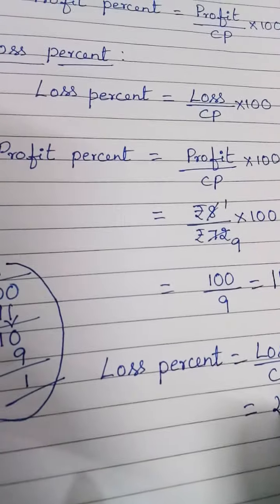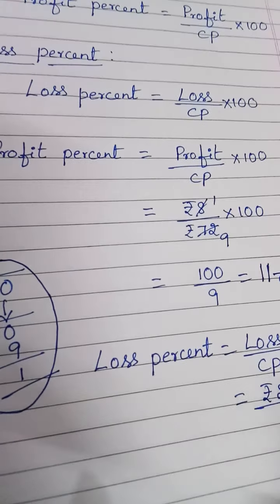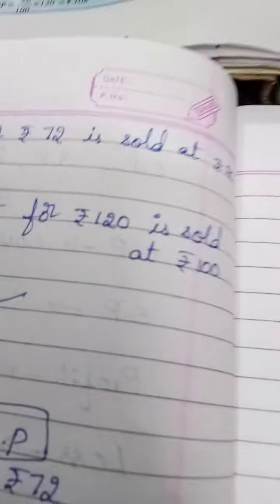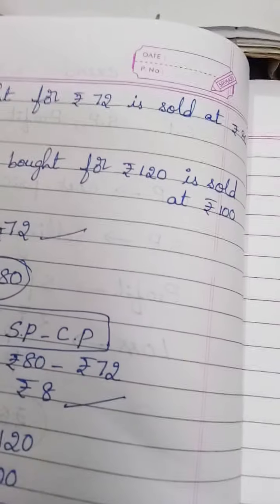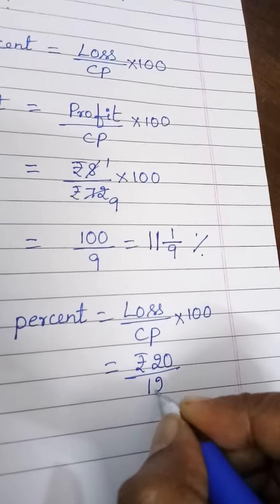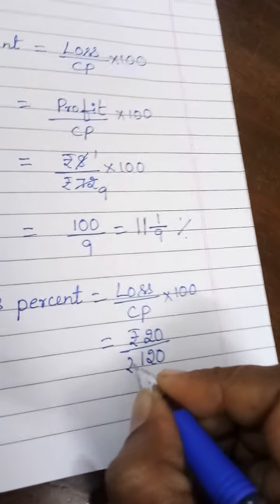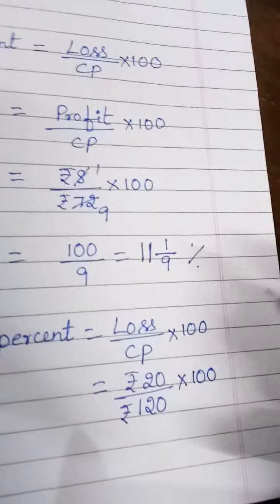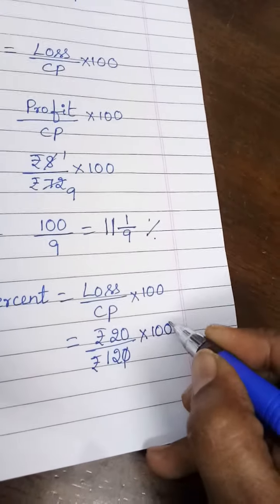So write here rupees 20 by cost price. What is the cost price? Cost price is 120 rupees. So write down here 120 rupees into 100. Do the cancellation now. 0 and 0.